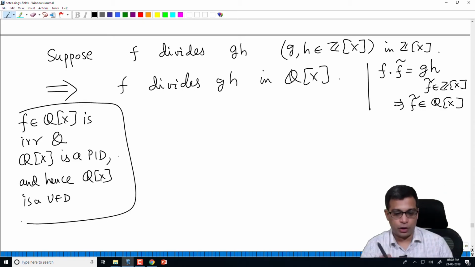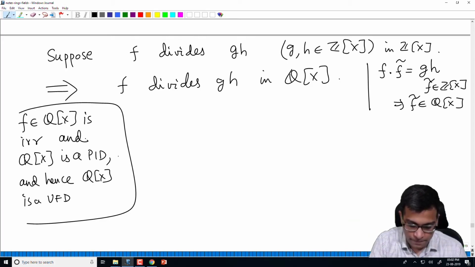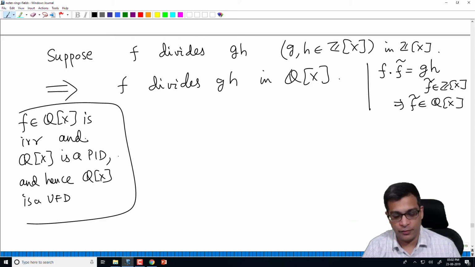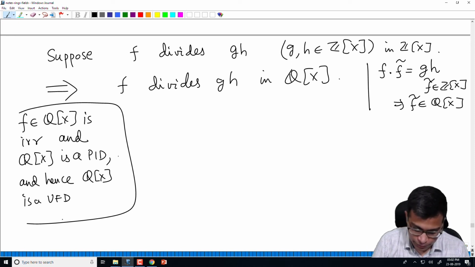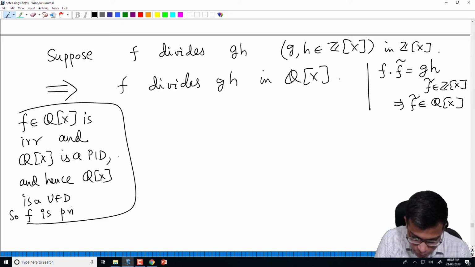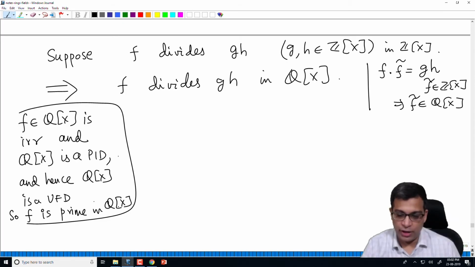This is the sequence of arguments. f is an irreducible polynomial in Qx, and Qx is a PID because it's a polynomial ring in one variable over a field. So hence a UFD, because a PID is automatically a UFD. So f is an irreducible element in a PID, so f is prime in Qx. So any irreducible element is prime.